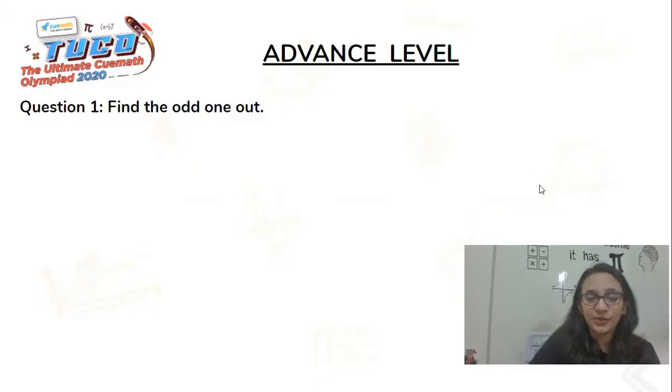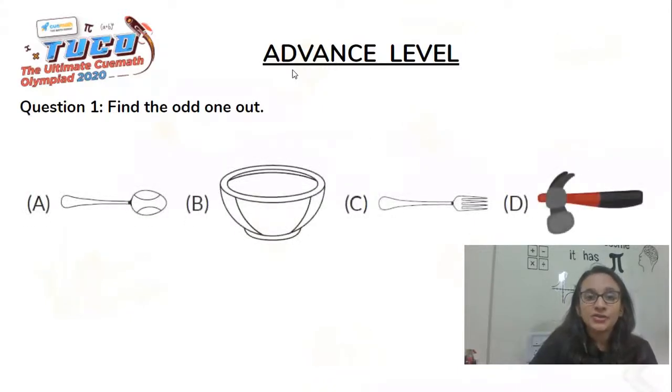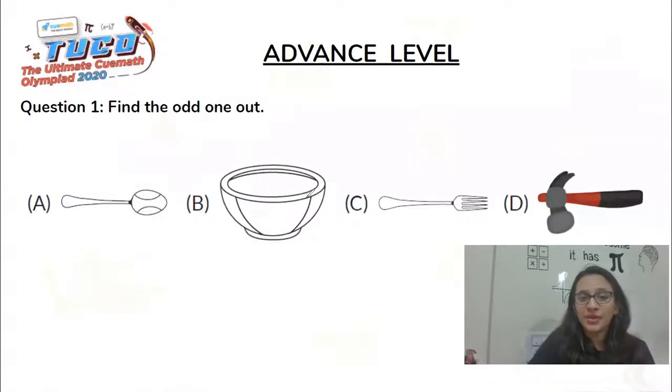So it says find the odd one out. Let's see what all the options that we have. Okay, so the first one is a spoon. The second one is a bowl, the third one is a fork, and the fourth one is a hammer. So very clearly, the first three options are something which we use while we are eating, like it almost comes into the cutlery.